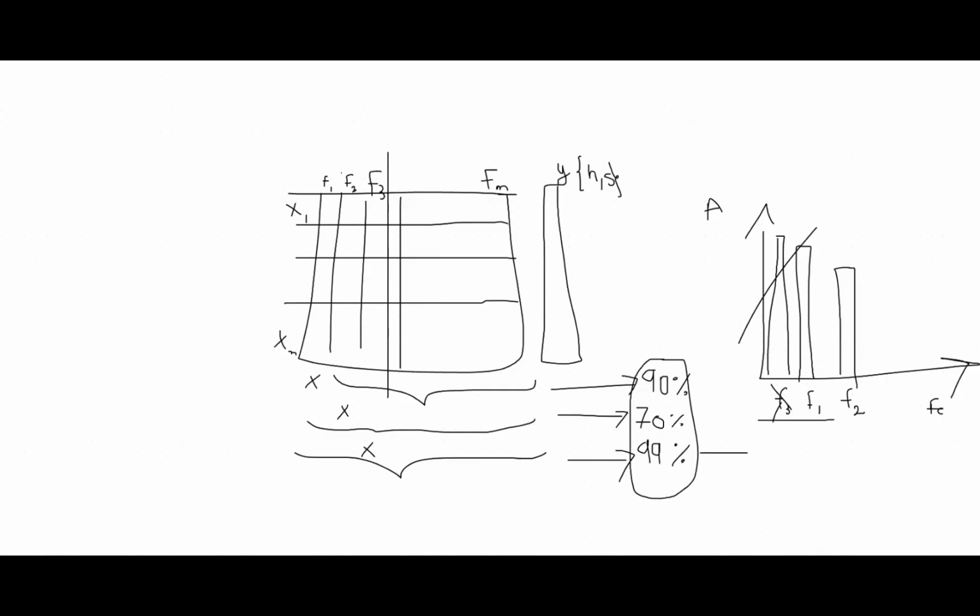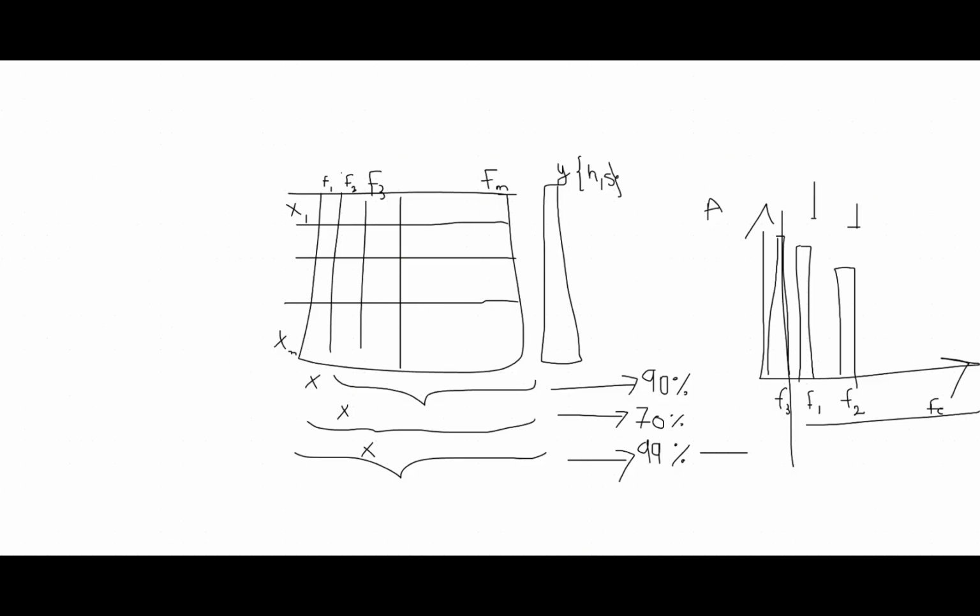Now that I removed F3 from my feature space, I can do the same thing with the remaining features. Let's say that I had only 3 features in my matrix, for the sake of ease. Now I'll train my new model again using only F2 and only F1 and record their accuracies.